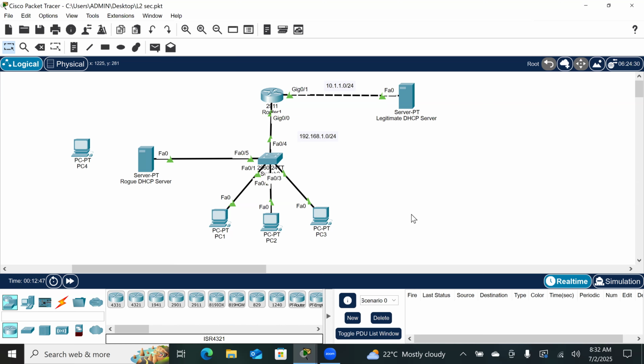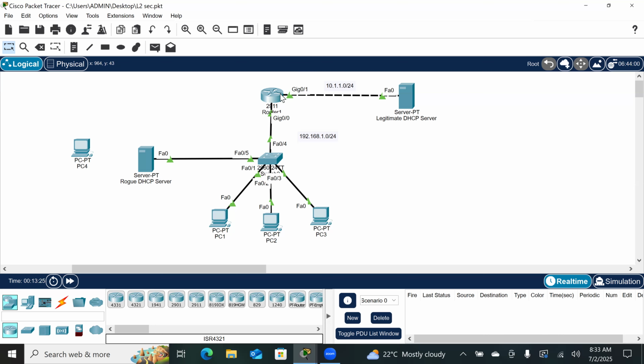What is the command to do that? ip helper-address, and then you have to give the legitimate DHCP server's IP address. On which interface do I have to enable that? G0/0 or G0/1? G0/0, for sure. Just find the interface where it is connected to the local area network, and on that you have to enable the IP helper address.